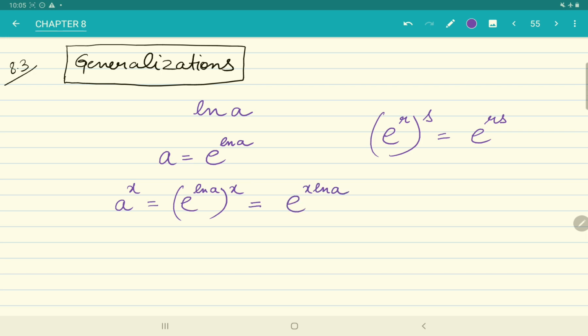And now if I want to differentiate a raised to the power x, I can differentiate e raised to the power x ln a. So if I differentiate e raised to the power x ln a with respect to x, I have e raised to the power x ln a, and then I differentiate x ln a with respect to x, so that gives me ln a. So I use the chain rule.